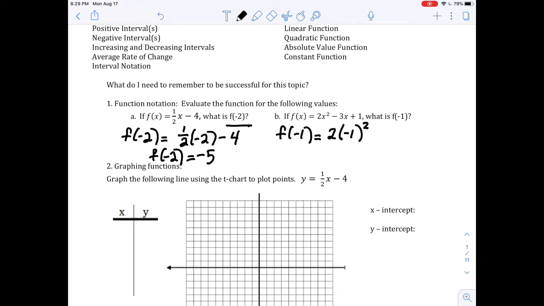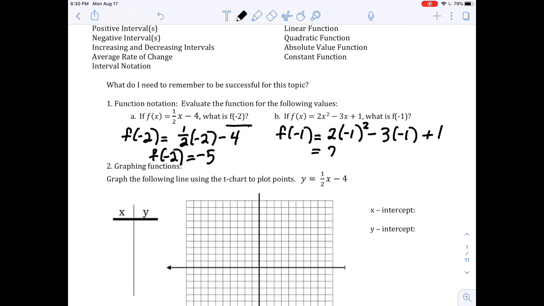Notice I'm putting parentheses around it because the input is negative 1 and we want to square it. Whenever your function rule has exponents in it and you evaluate for a given value, put parentheses around the input. Minus 3 times negative 1 plus 1.